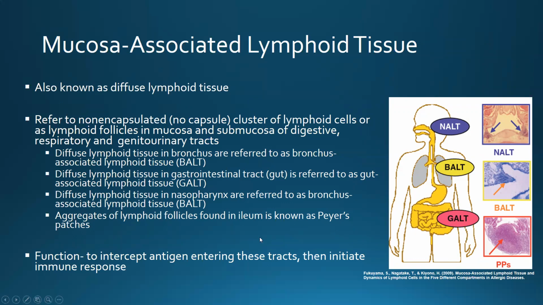And also in the gut, there are Peyer's patches. Some of the tissue is also present in the appendix. You know, the appendix is at the cecum of the large intestine.